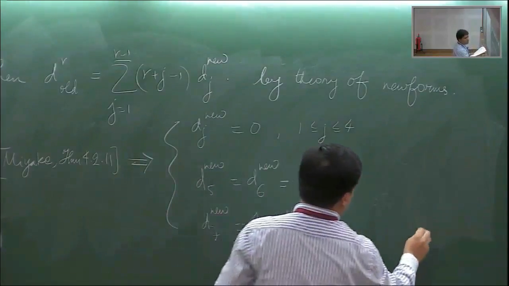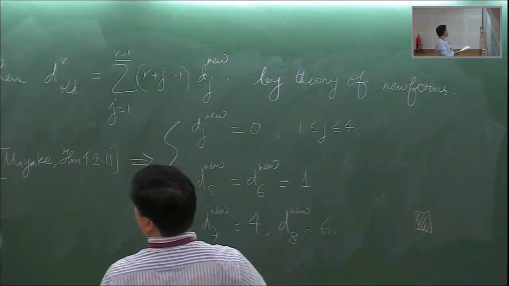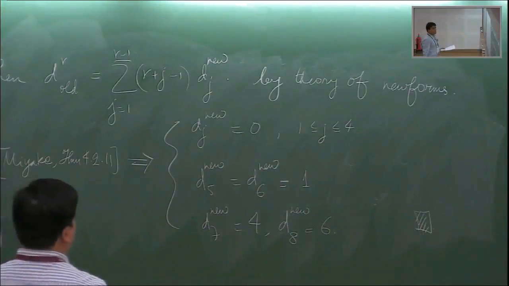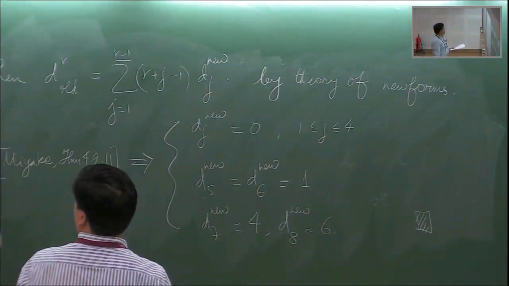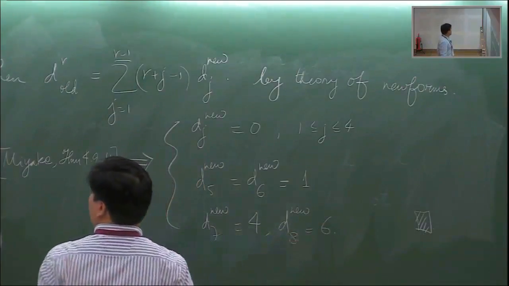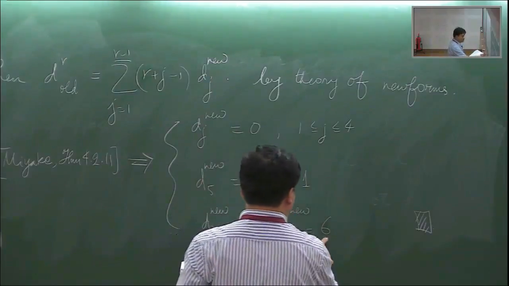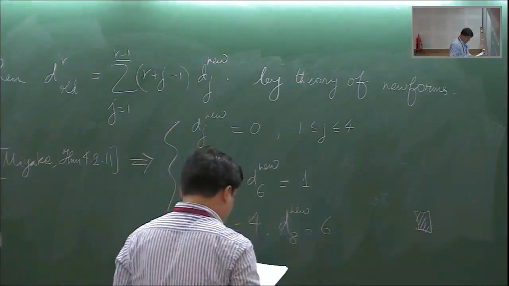Okay. So how many are there? So 6 newforms of weight 2 level 256. Okay, 6 newforms. This one.